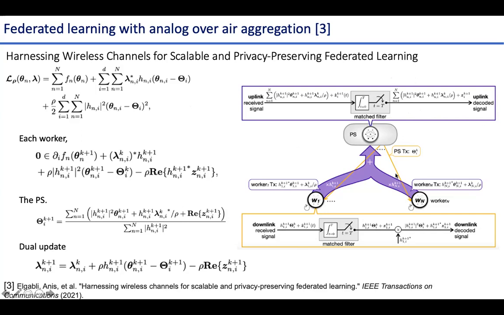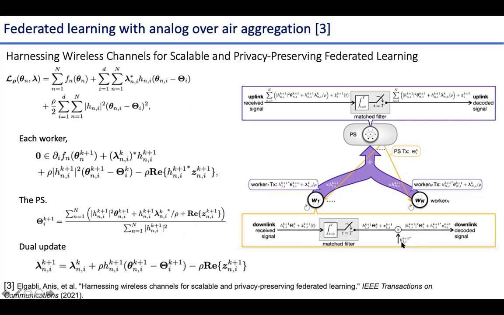Here, the figure is actually explaining this: here is the transmitted signal from each worker at iteration t, and here is the process, as I explained, at the parameter server. Then every worker in the downlink will receive the signal because the parameter server is sending theta, so every worker will receive h theta plus noise, feed it through a matched filter to increase the signal to noise ratio, and then scale by h conjugate, because every worker can easily estimate the channel at the worker side.